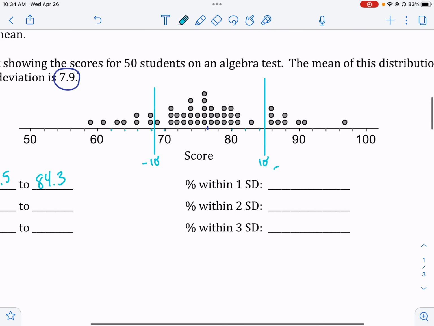So 33 of my 50 students scored within this first standard deviation. And if I put it in my calculator, I can see that that is 66% of my data.